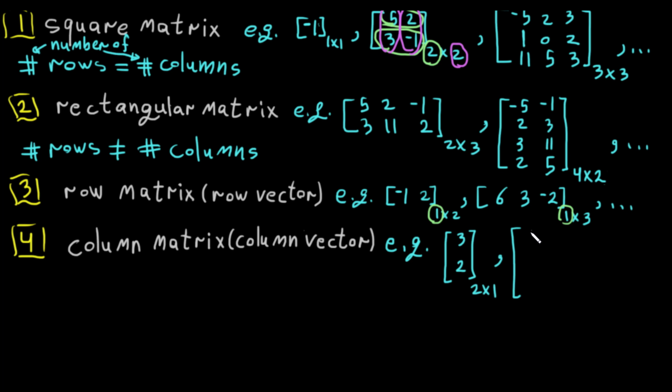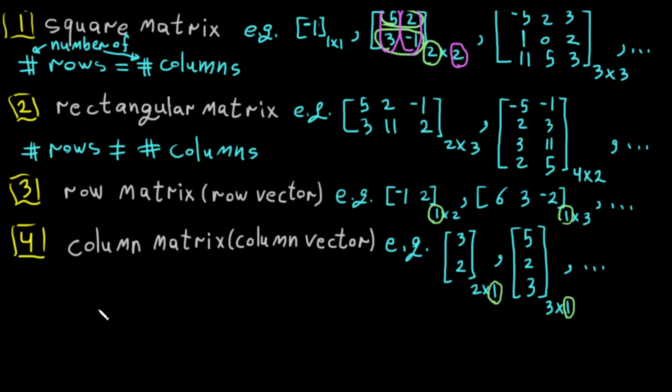Another example, this one is a 3 by 1 matrix, and so on. As you can see here, it has only one column, so this is a column vector, an example of a column vector.